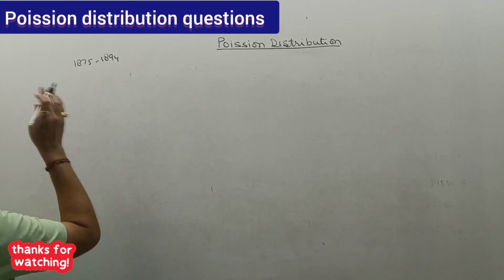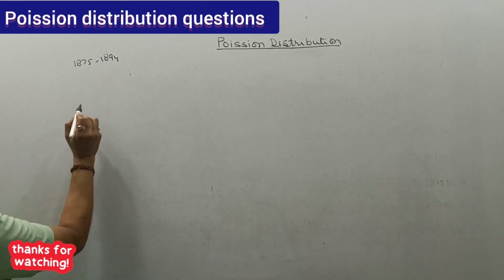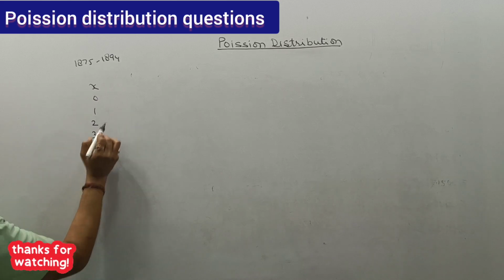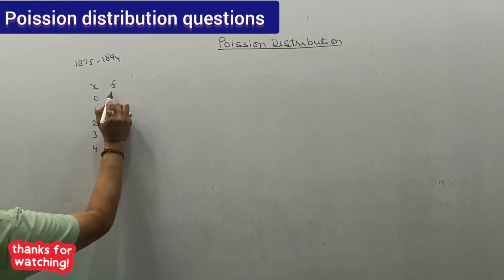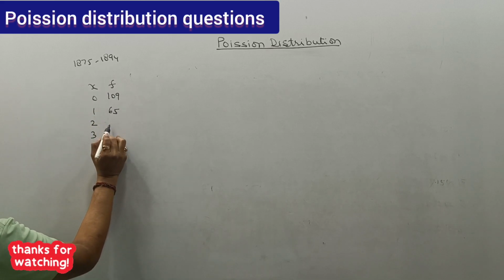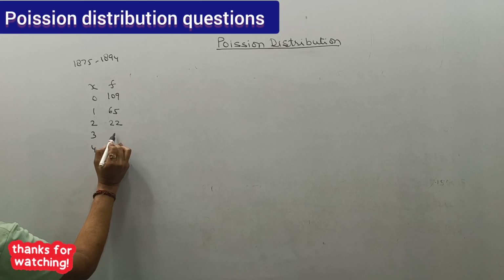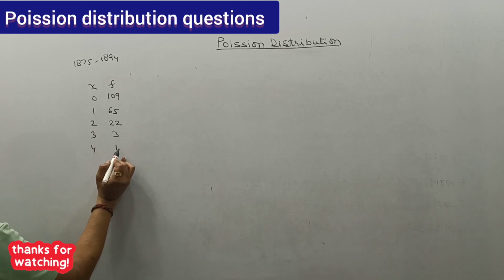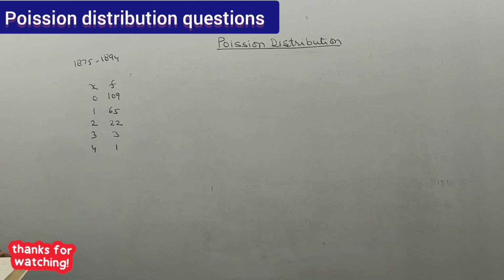In 20 years, the number of deaths is 0, 1, 2, 3, 4, and the frequencies are 109, 65, 22, 3 and 1. Fit a Poisson distribution and calculate the expected frequency.